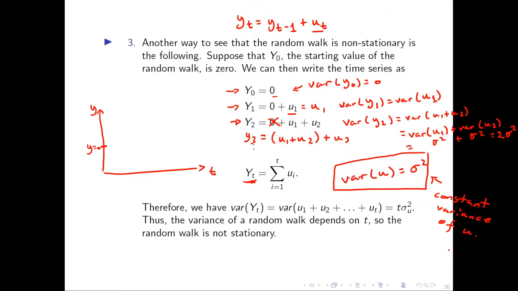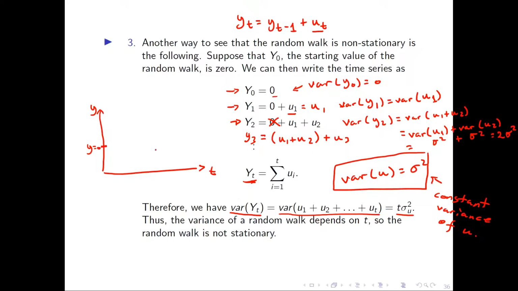Which means that we have our result: the variance of our process is equal to the variance of the sums, which means that we can just add them up. So we have t times sigma squared variance in the period of t.